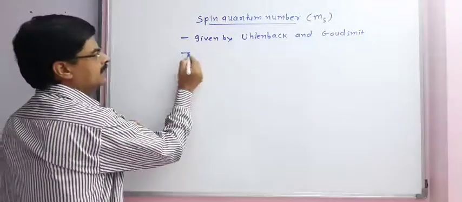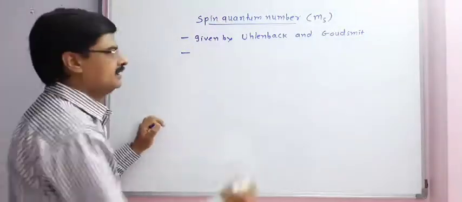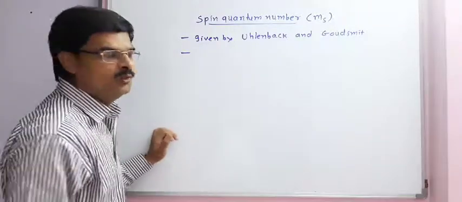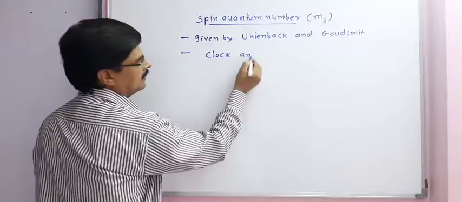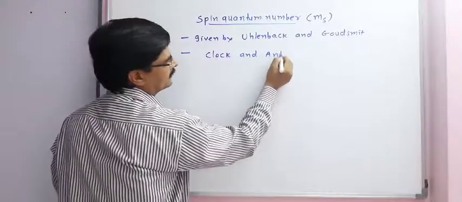Now, electron spin is possible in two ways, clockwise and anti-clockwise.